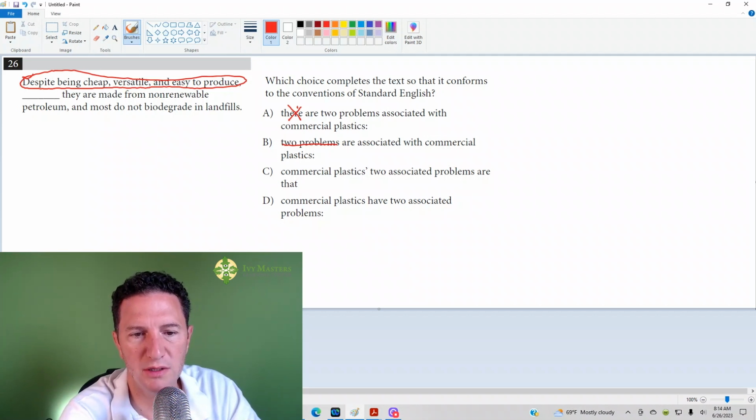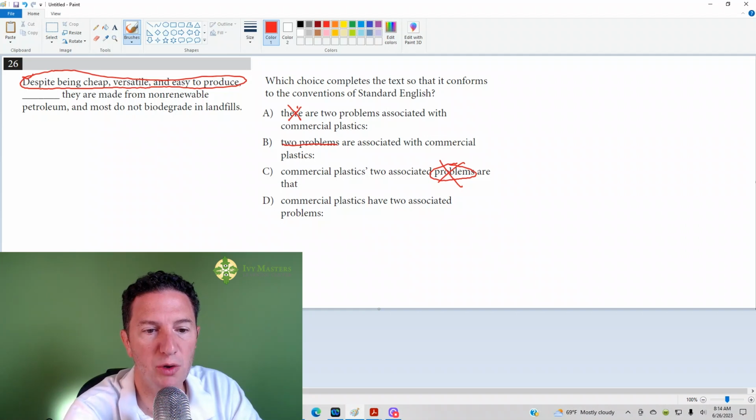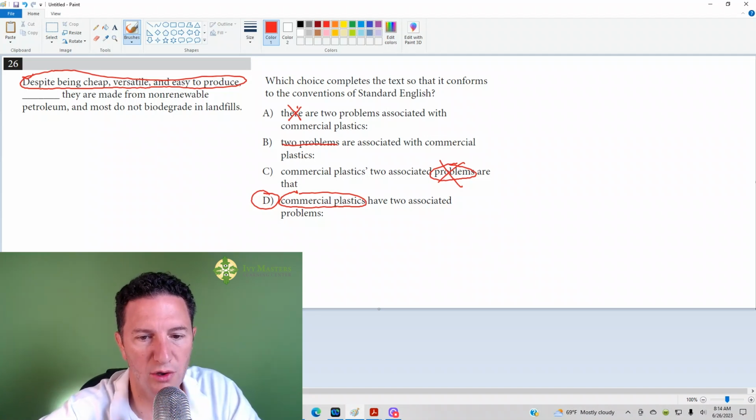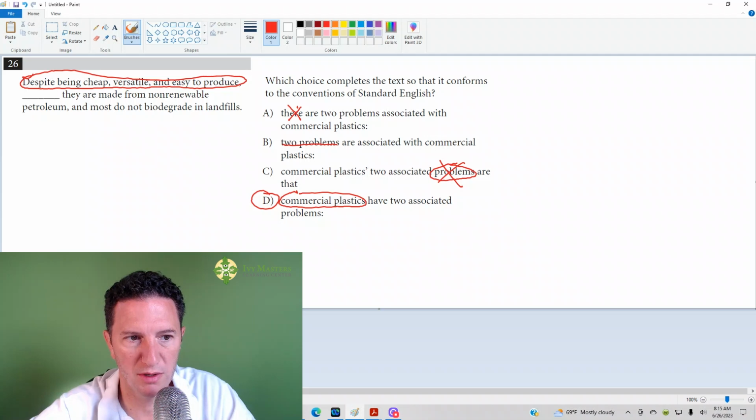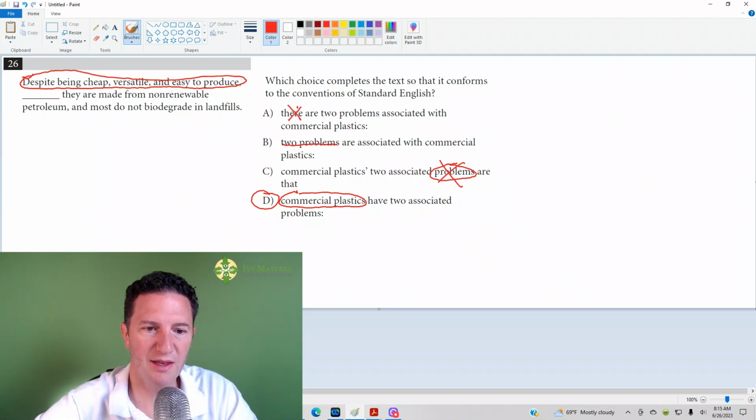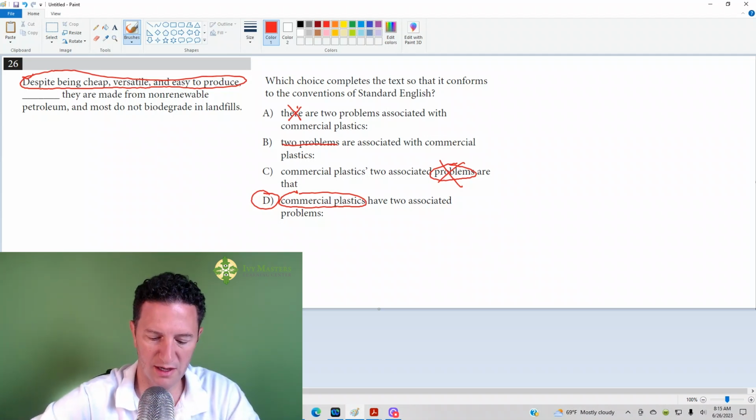What belongs to commercial plastics? Two associated problems. Problems are not cheap, versatile, and easy to produce. Commercial plastics could be cheap, versatile, and easy to produce, and they could also have two associated problems: made from non-renewable petroleum, and most do not biodegrade in landfills. So D is going to be your correct answer here.